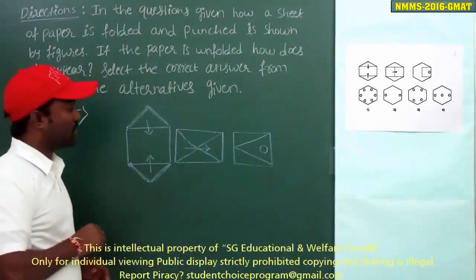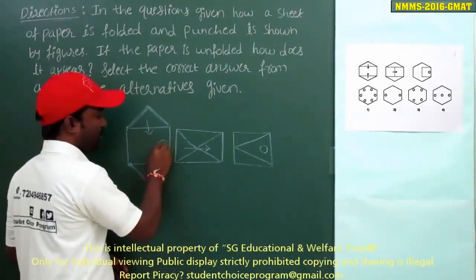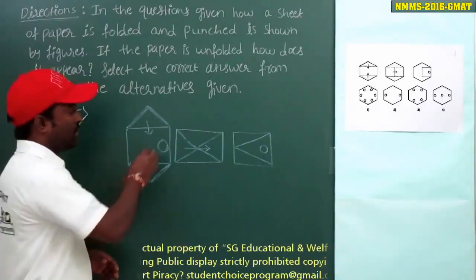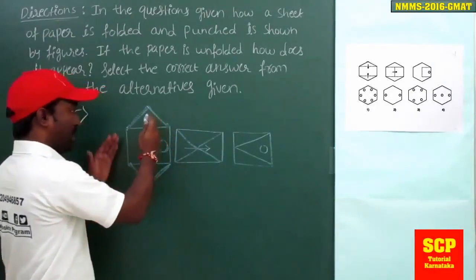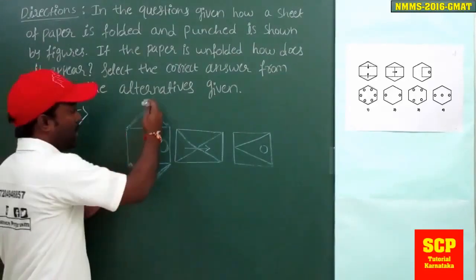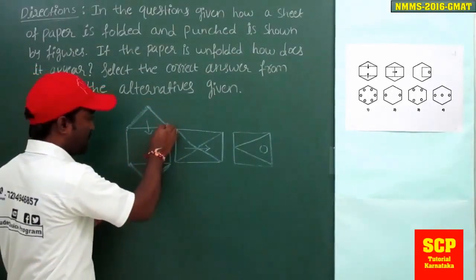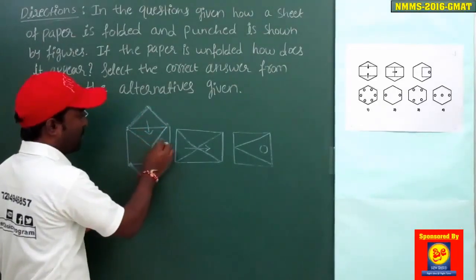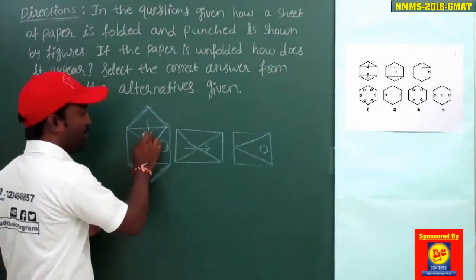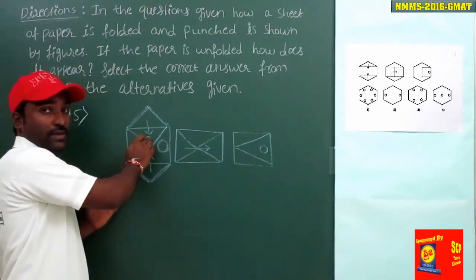The hole comes on this part because the paper is not a square, it is like a triangular paper and it is folded like this. That means the paper will come here. That means the hole punched here will not come on this part or in this area.